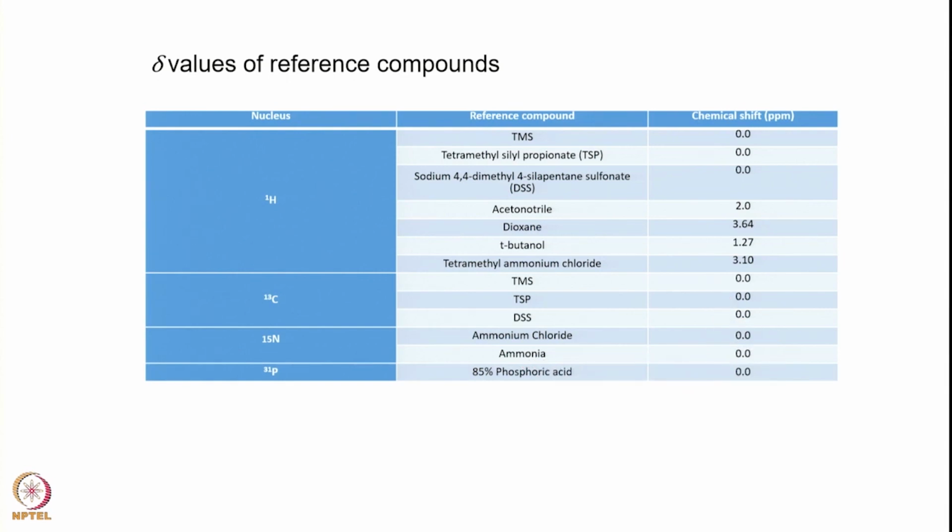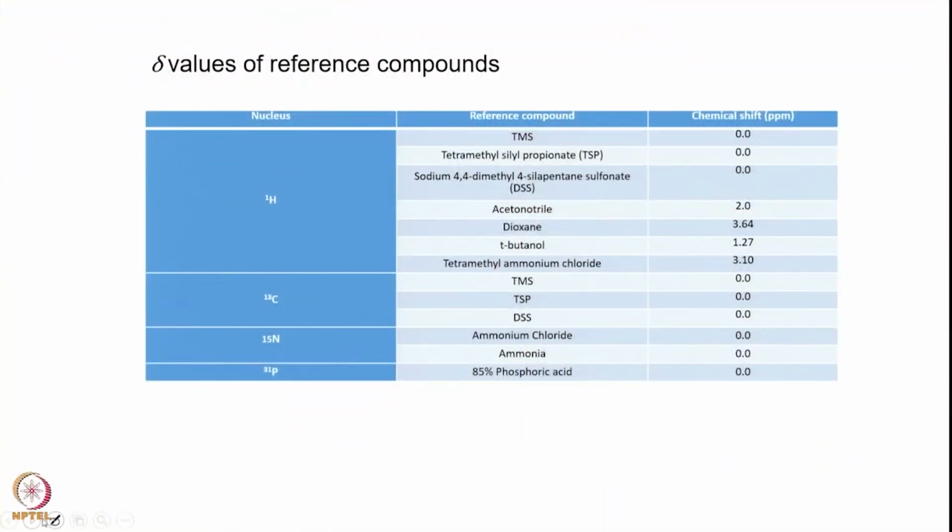So, either you add these things internally inside the sample itself, or you put these in a capillary and insert that in your sample tube, then it is called an external reference. If you put that inside the molecule itself, then it is called an internal reference. Okay. So, I can write that here.